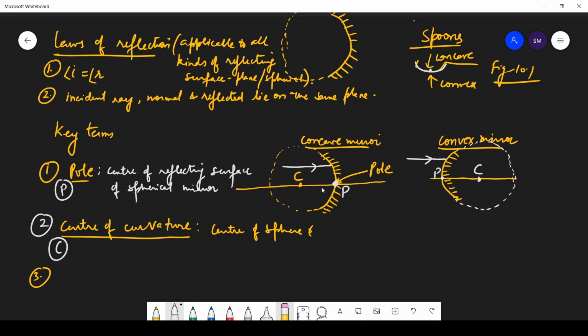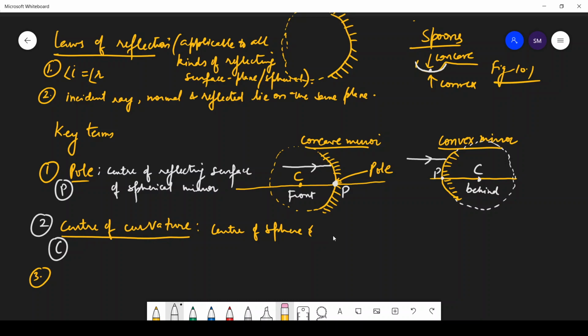So you can see that the center of curvature for the concave mirror lies in front of the mirror, whereas in case of convex mirror, it lies behind the mirror. So this is your mirror, so it lies behind the mirror.